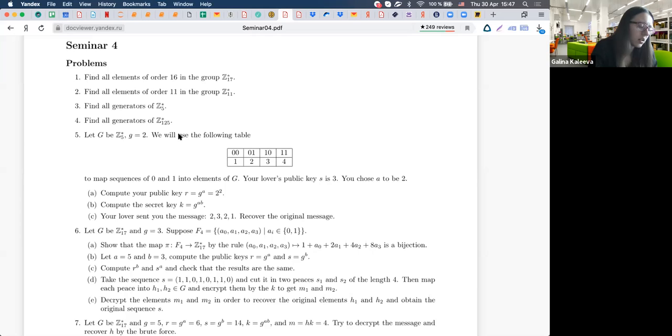So, what is the order of our group? It is phi of 125, yeah? The number of integers coprime with 125.